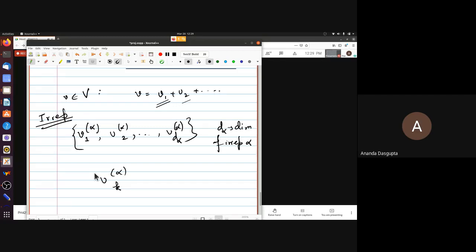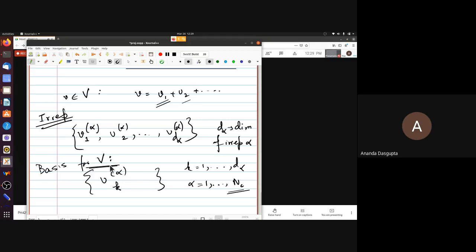And you know how many different irreps there are, right? You have exactly as many irreps as the number of classes. So k will go from 1 to d alpha, as I have said, and alpha will go from 1 all the way up to nc, where nc is the number of classes. And that will give you a basis of your V. This is a basis.